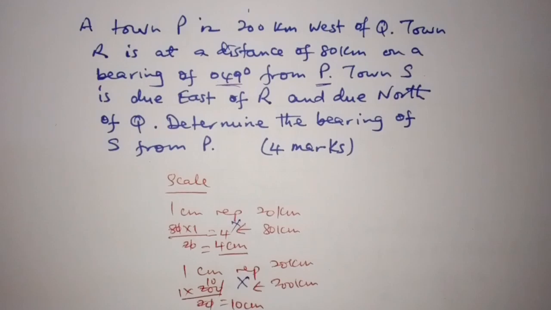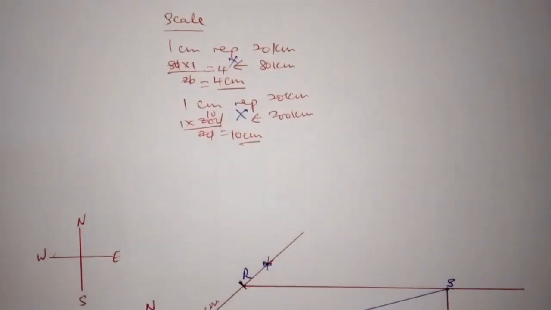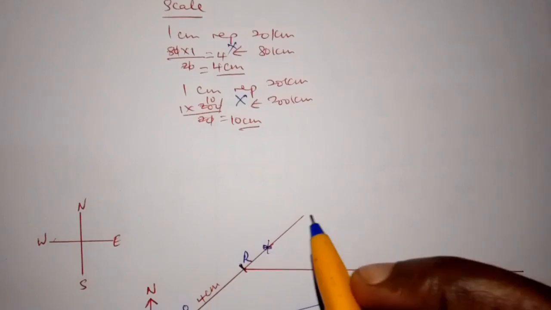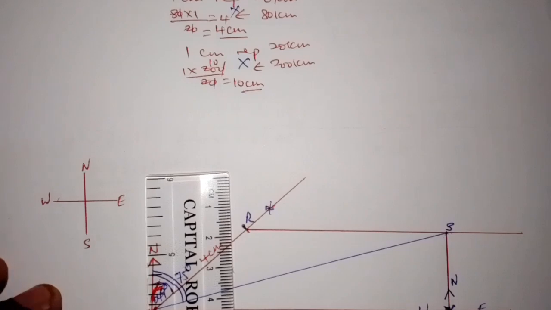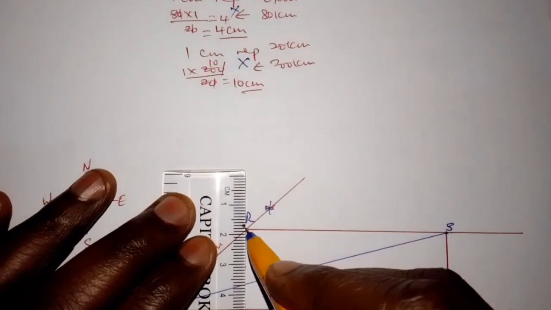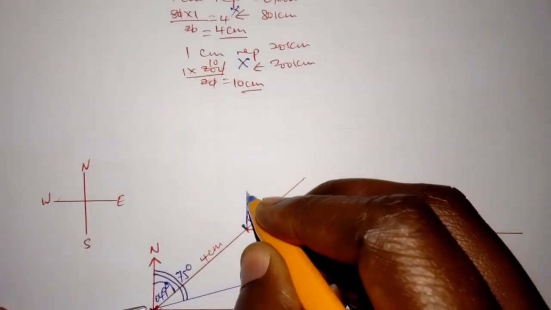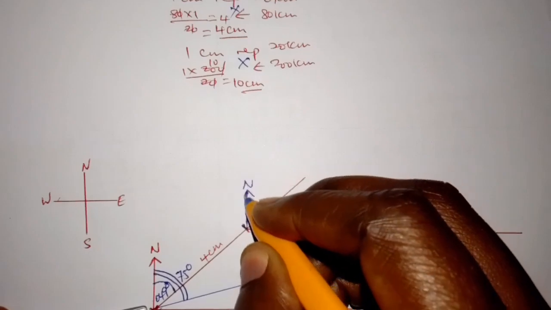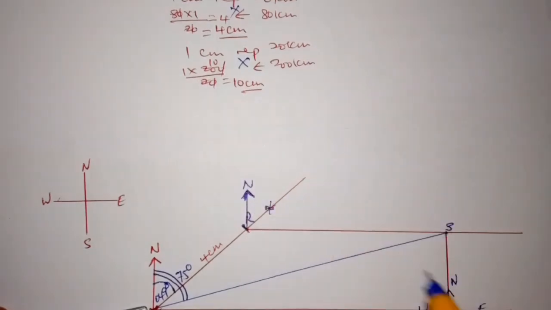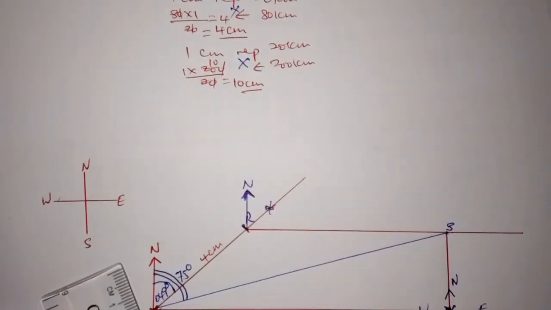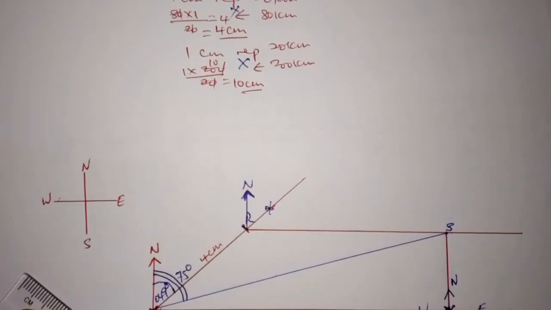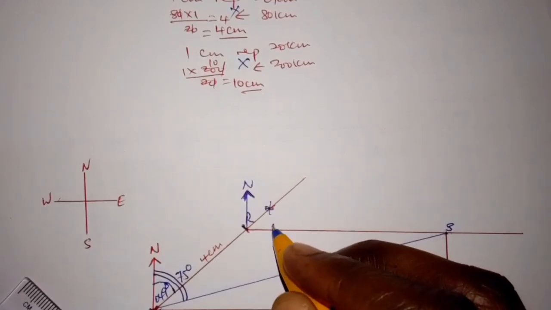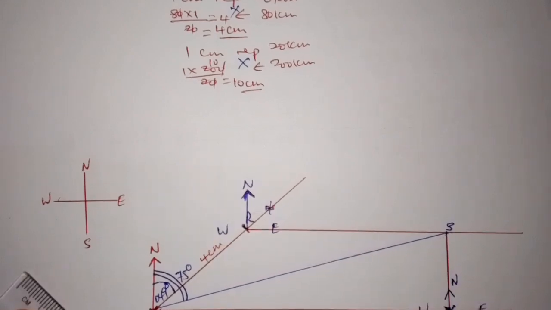Town S is due east of R. This is R, and this is the north direction of R. This is east, this is west.